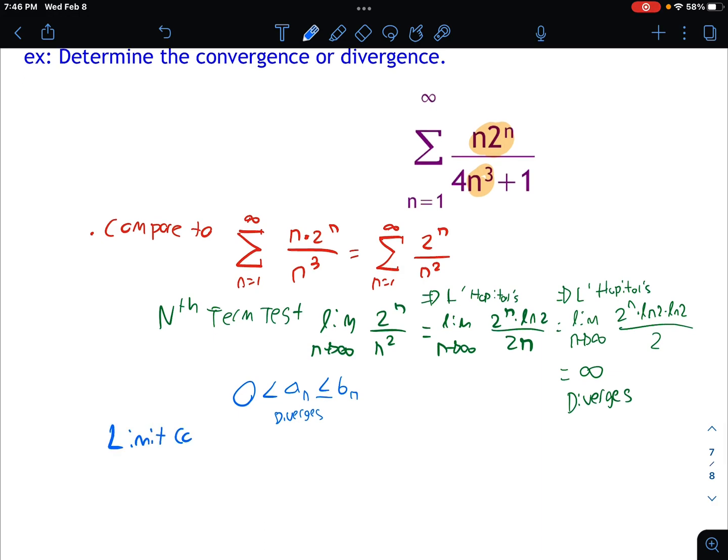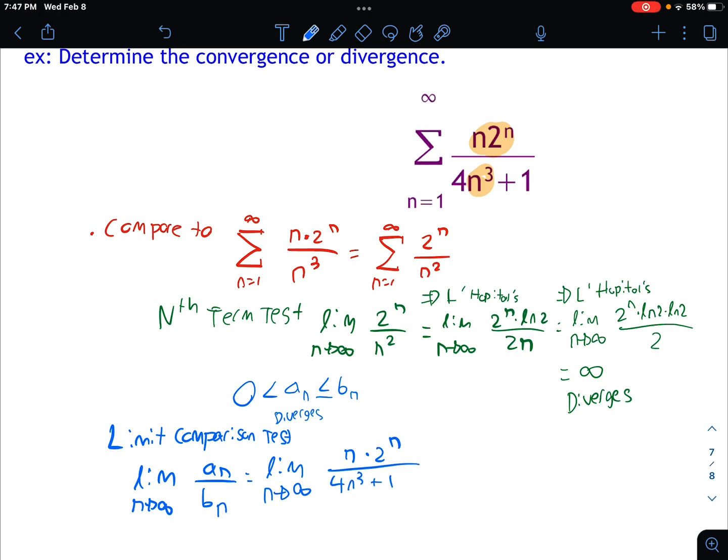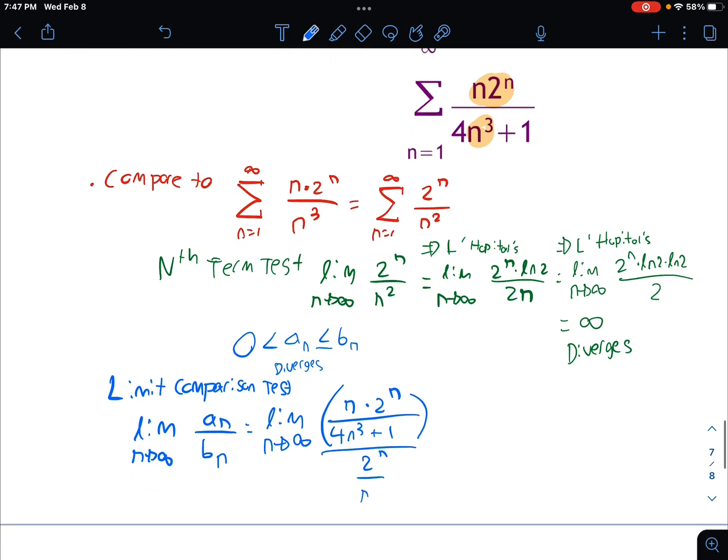So what I'm going to do is go ahead and apply the limit comparison test. What this is going to require is for me to take the limit as n approaches infinity of a sub n divided by b sub n. And this is going to look a little gross at first, but we're going to take the limit as n approaches infinity of n times 2 to the n over 4n cubed plus 1, quantity divided by 2 to the n over n squared.